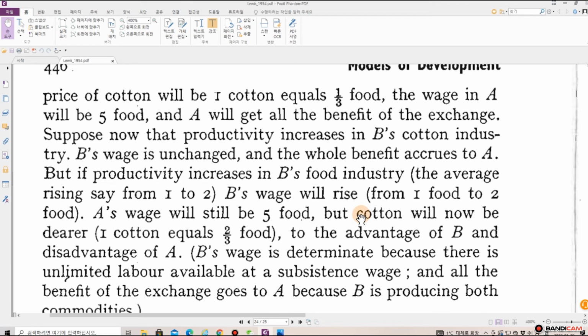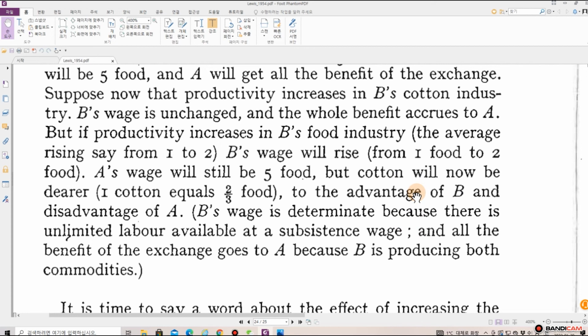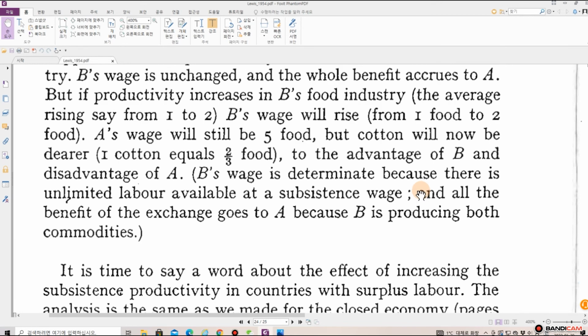Suppose now that productivity increases in B's cotton industry. B's wage is unchanged and the whole benefit accrues to A. But if productivity increases in B's food industry, the average rising, say, from 1 to 2, B's wage will rise from 1 food to 2 food.